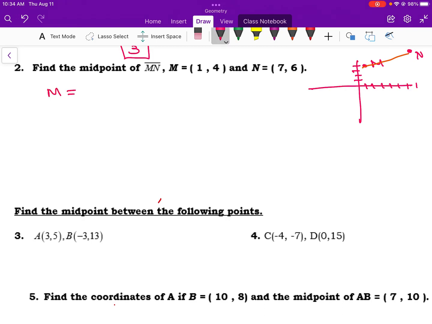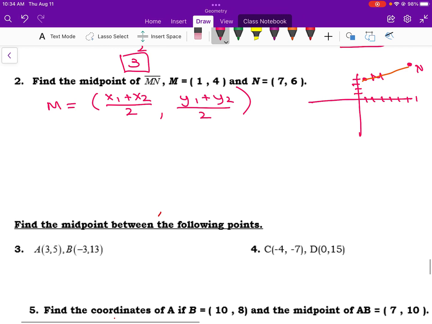So we'll say our midpoint formula, which is x1 plus x2 divided by 2, comma y1 plus y2 divided by 2. So again, think of it as taking the average of both the x's and the y's. If we label our points x1, y1, x2, y2, and then pop those guys in, then we have 1 plus 7 divided by 2, and 4 plus 6 divided by 2.